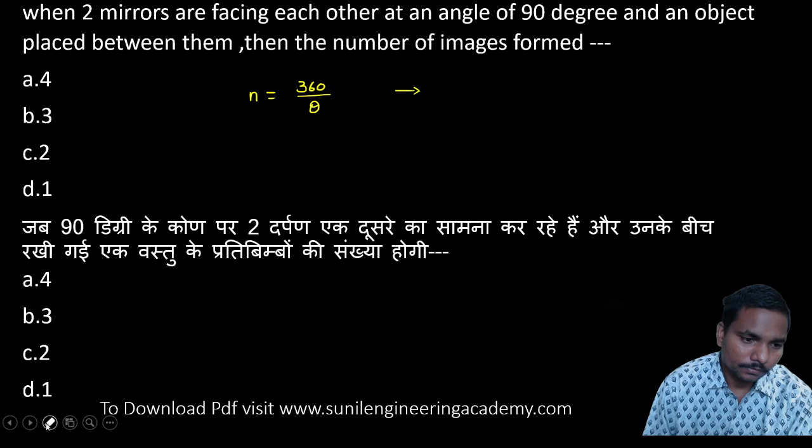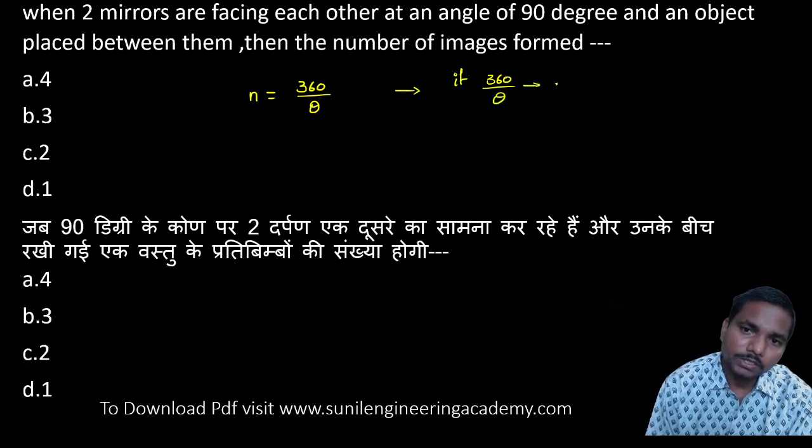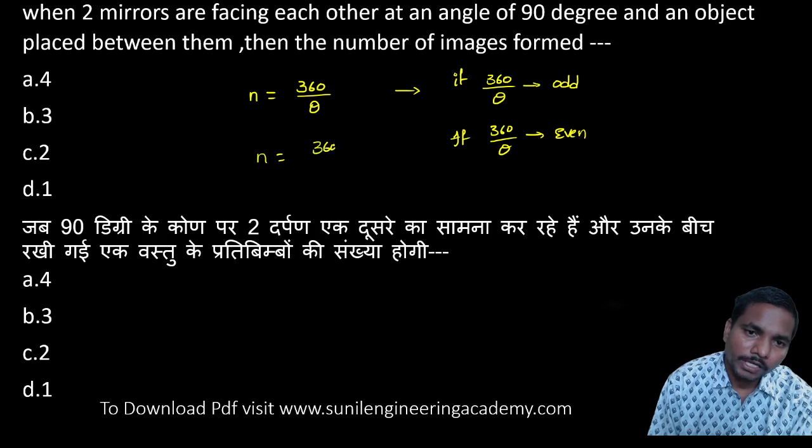If 360 by theta is odd, then n is 360 by theta minus 1 only if 360 by theta value is even, then number of images formed will be 360 by theta minus 1.